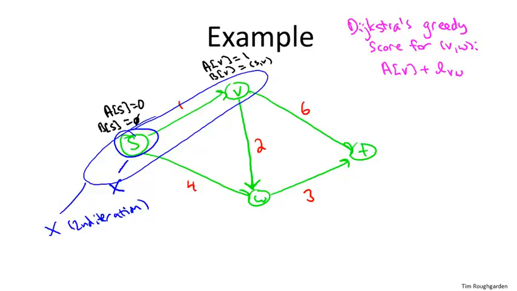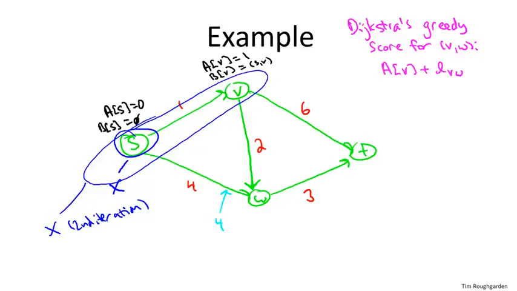So first of all, we can look at the arc S comma W. The greedy score here is the shortest path distance for the tail, so that's 0, plus the length of the arc, which is 4. So here we get a 4 in this iteration. Then if we do this crossing edge, this VW edge, the Dijkstra greedy score is the A value, or the shortest path distance value of the tail, which we computed last iteration.